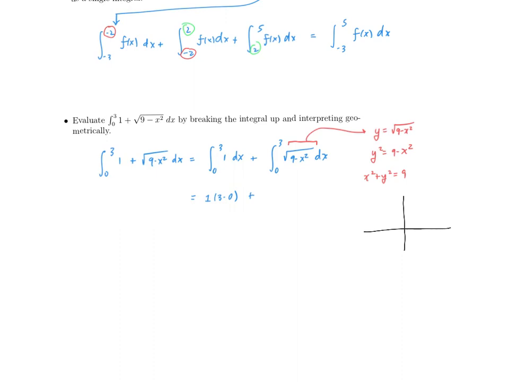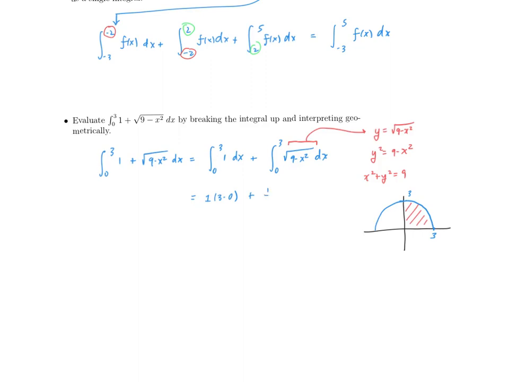So graphically, we have the top half of a circle of radius 3 centered at the origin, and we're asked to evaluate the definite integral from 0 to 3. So when x varies from 0 to 3, that would correspond geometrically to the upper right corner of that circle. So just a quarter of it.